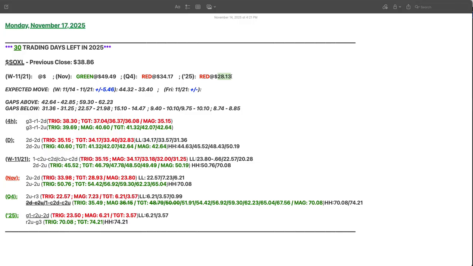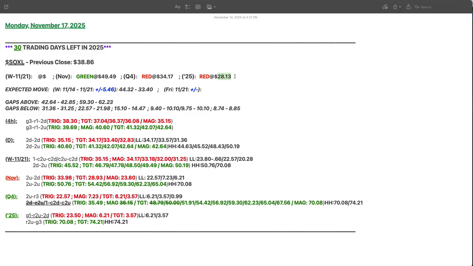So if we're all red at the end of the year and we go green at the beginning of the year, especially the first day of the year, that's the first day of the week, the first day of the month, the first day of the quarter, the first day of the year, that flips everything back green on that day, and that can be an entry point and a catalyst for the ticker, right?